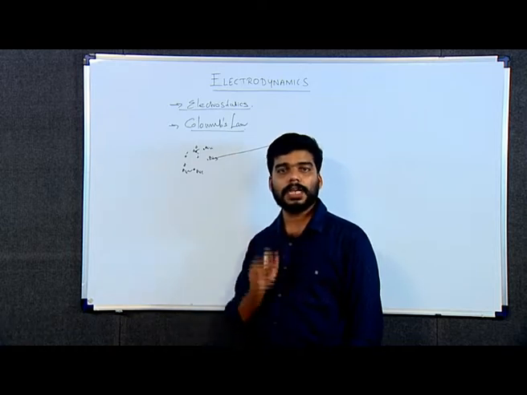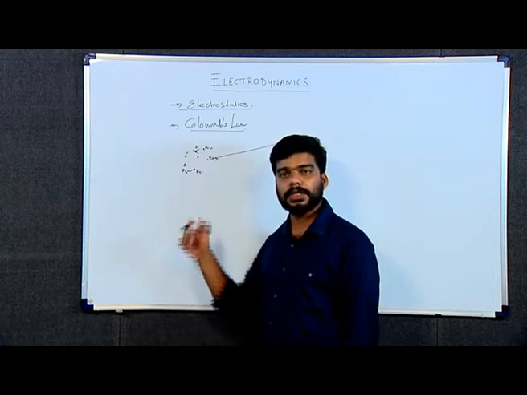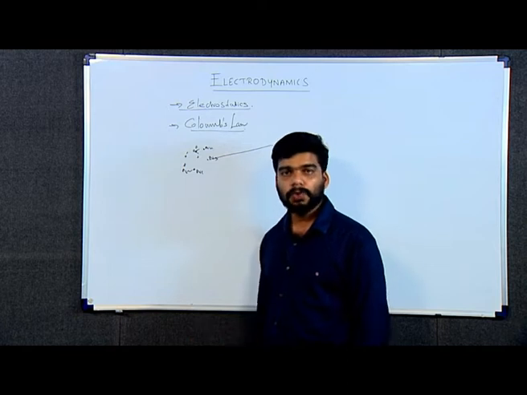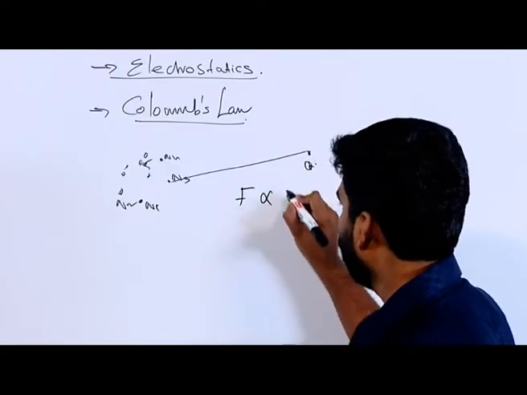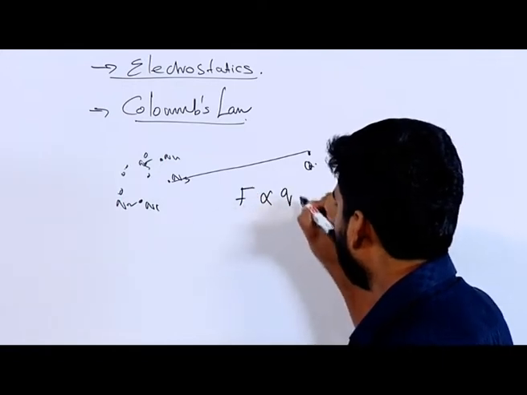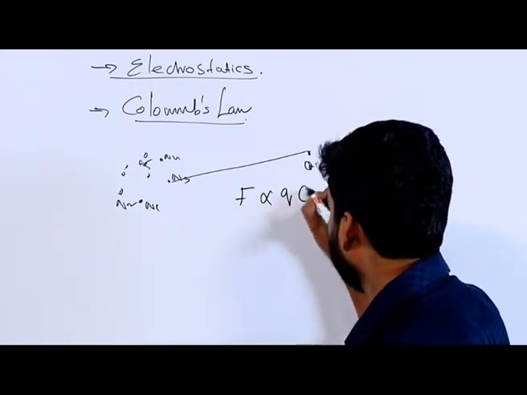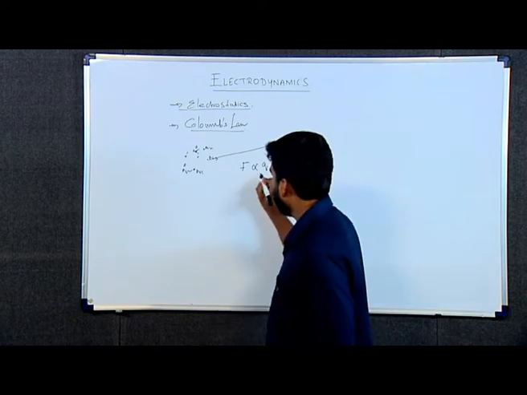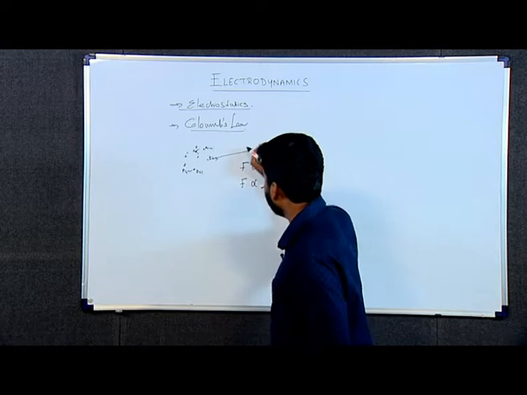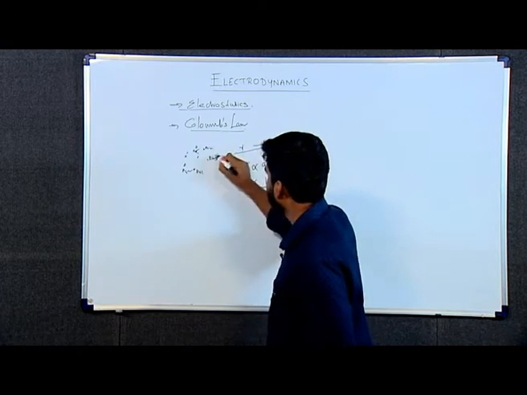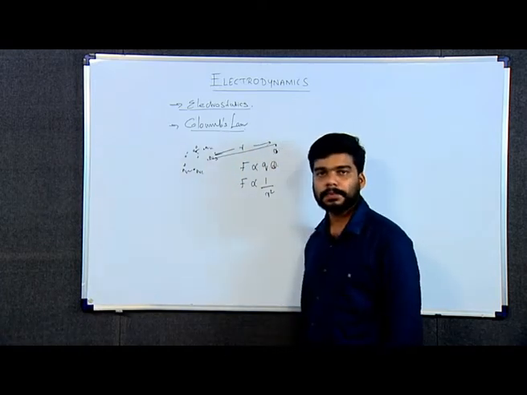How much force it will experience is given by Coulomb's law. Coulomb's law says that this force is directly proportional to the product of one of the charges and the test charge, and the force is directly proportional to 1 by r square, where r is the distance between these two charges.